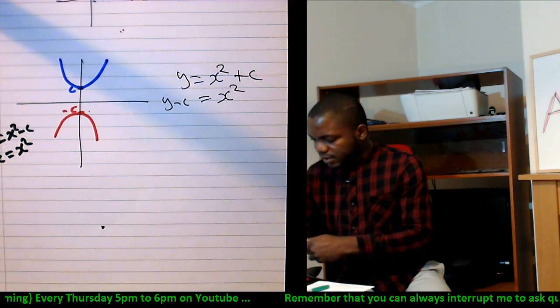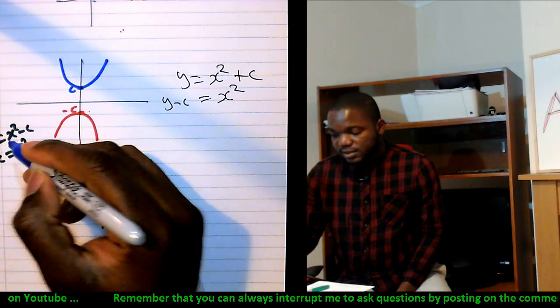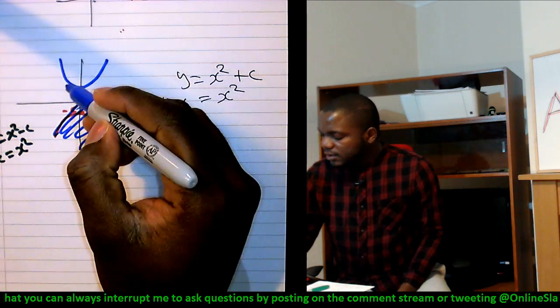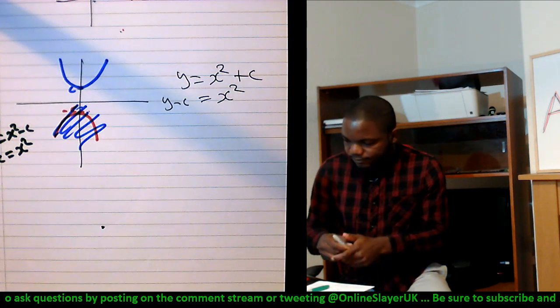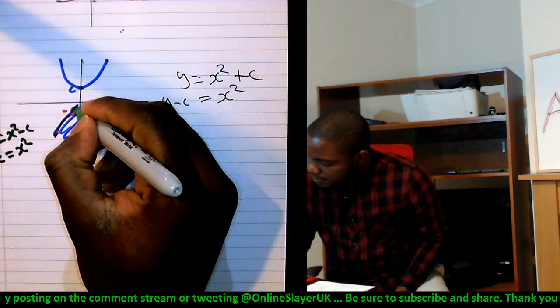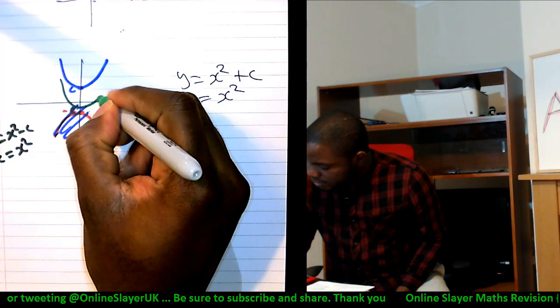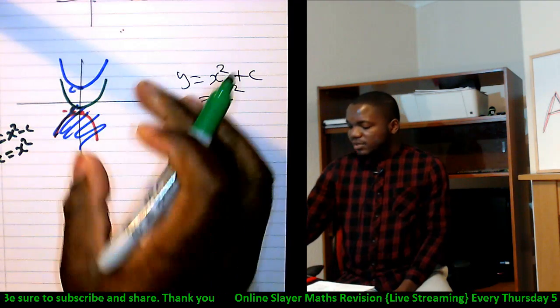This is not going to be an N shape. It's still going to be U shape because the coefficient of x squared is still positive. Sorry, this is a mistake. It's still going to be a U shape, but it's going to touch it at minus c. Anyway, I'm sure you understand what I was trying to draw. So it crosses it at minus c point, but still the same shape.